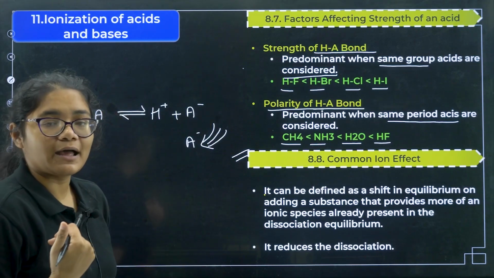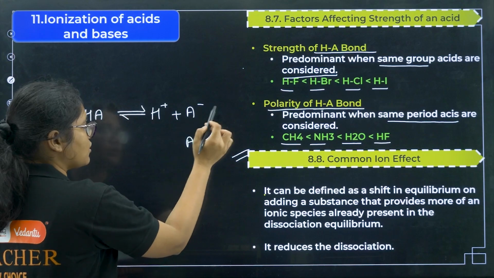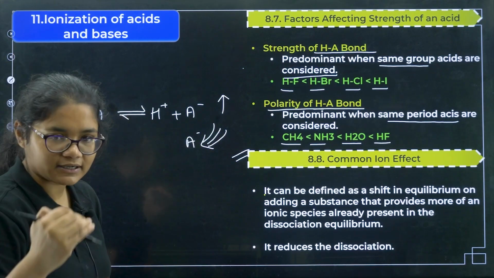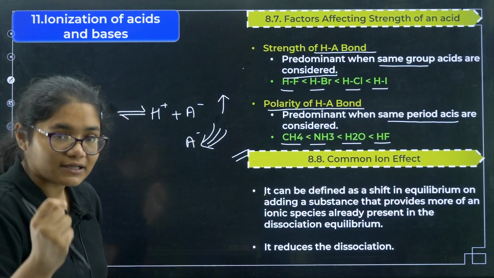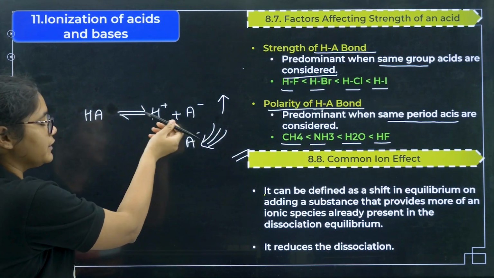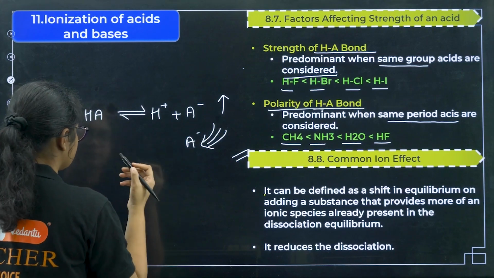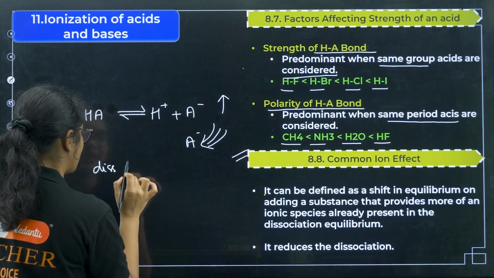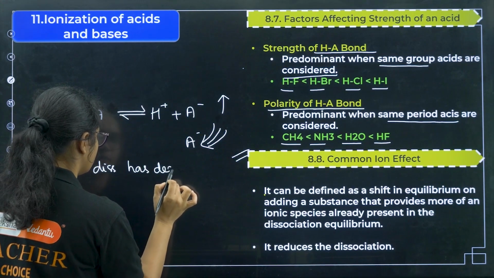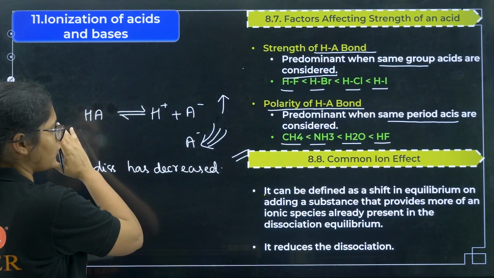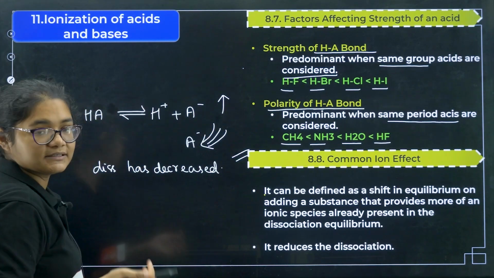Then what will happen? If you remember, when the concentration of the product increases, the reaction will try to decrease the concentration of A minus. To decrease it, the reaction will go in the backward direction. If the backward direction is favored, that means the dissociation has decreased, because more HA is forming than dissociating to H plus and A minus.